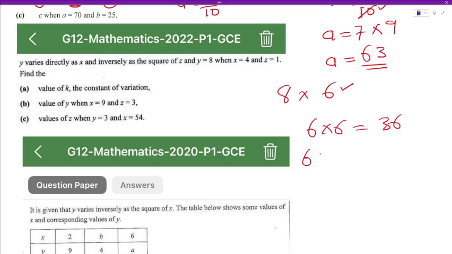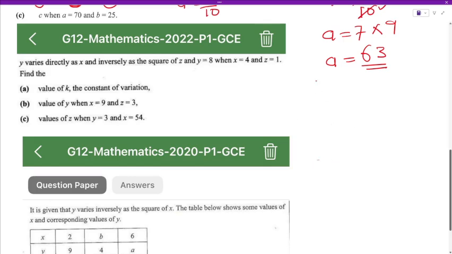Then I'll put again 6 times, and ask myself, what do I need to add to 6 to make it 8? I need to add a 2. Then equals. 6 times 2 gives me 12. Then I'll add these values. 6 plus 2 is 8. 1 plus 3 is 4. So 6 times 8 is 48.